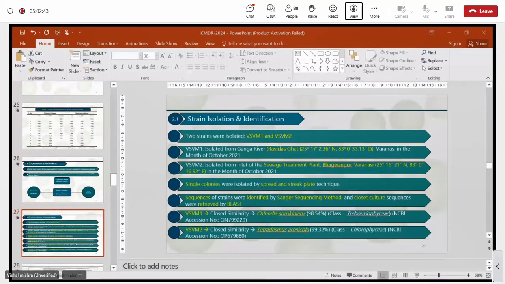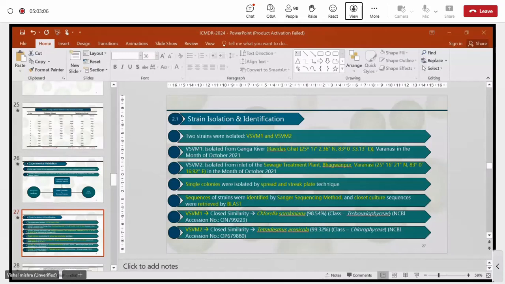Another was collected from the sewage treatment plant situated at Bhagwanpur, Varanasi, where the total sewage of the complete city and the villages in and around Varanasi gets discharged. They do the primary treatment of the wastewater, followed by some hard sludge technology, I'm just not getting the term.